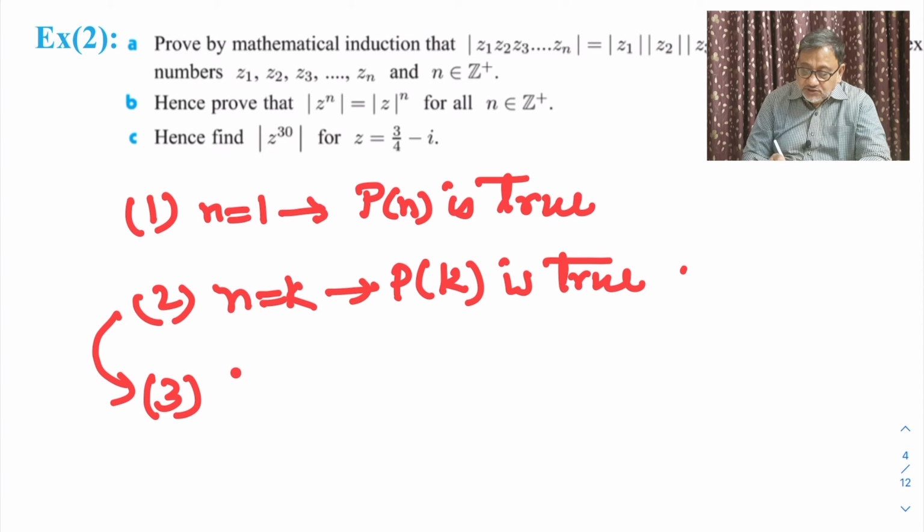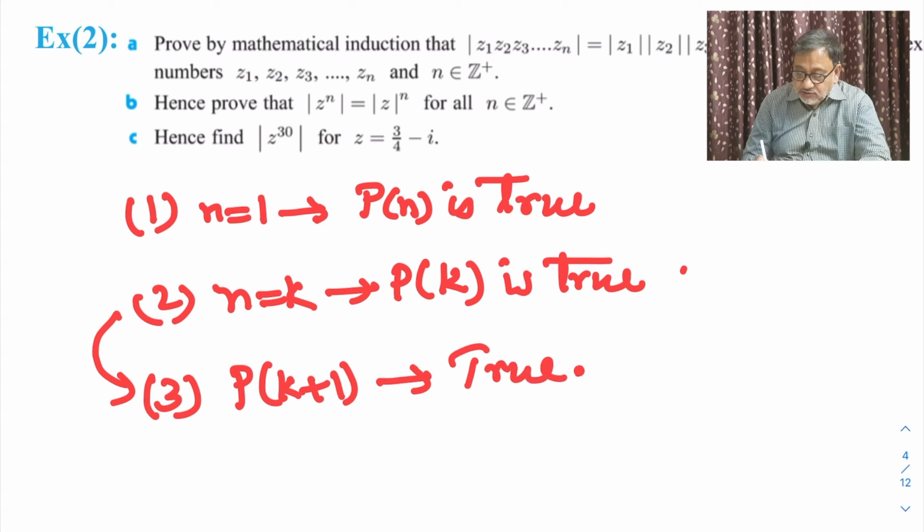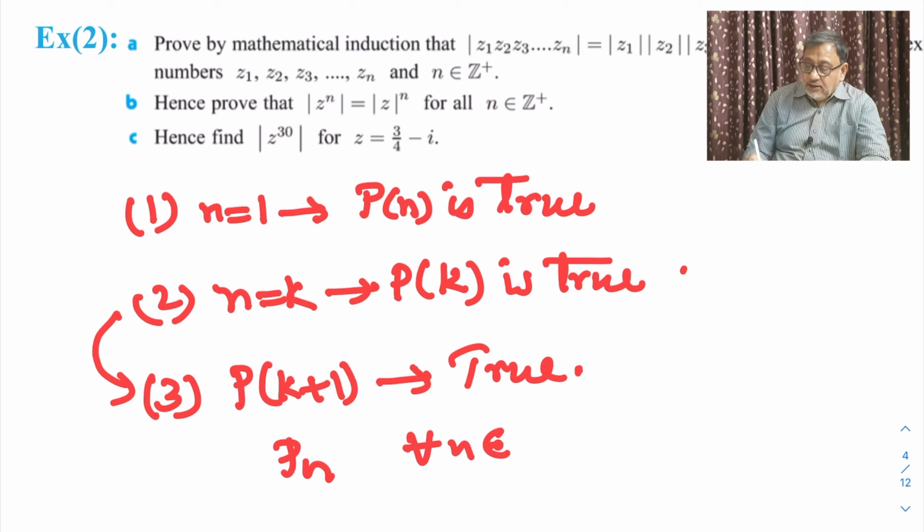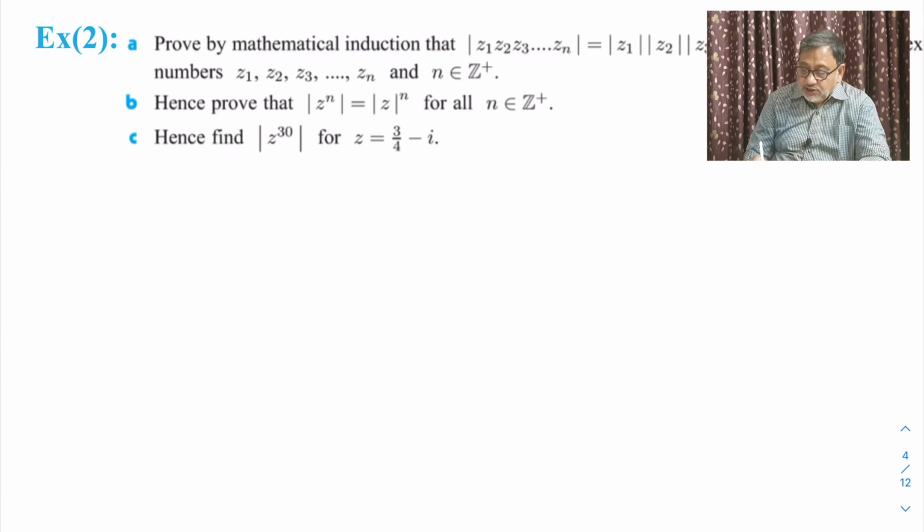And using this second step, we prove that P of k plus 1 is also true. By proving this, we prove that P of n is true for all integers n. Okay. So these are the steps we are going to use. So let us write the proof of this now.